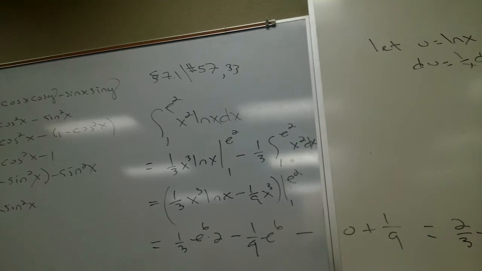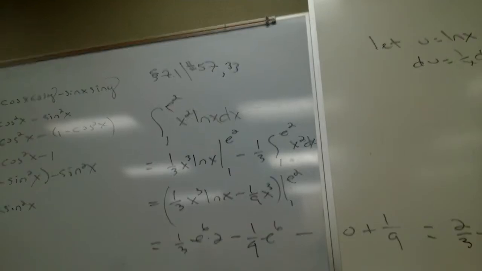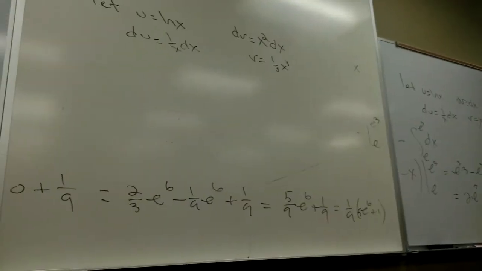Or shall I say, is that a 5/9 e to the 6 plus 1/9? Or shall I say 1/9 times 5 e to the 6 plus 1? Thank you. Did I lose my 5? Sorry about that. Did I talk too fast?